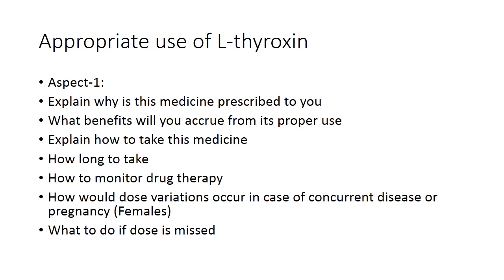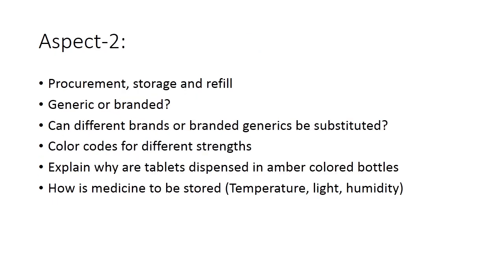One aspect is we have to explain why this medicine is for him or her, what benefits the patient will accrue from its proper use, how the medicine is to be taken and how it works, how long he or she has to take the medicine, and how to monitor the drug therapy. How would dose vary according to the concurrent disease or pregnancy in females, and what to do if a dose is missed. These are essentials for proper drug use.